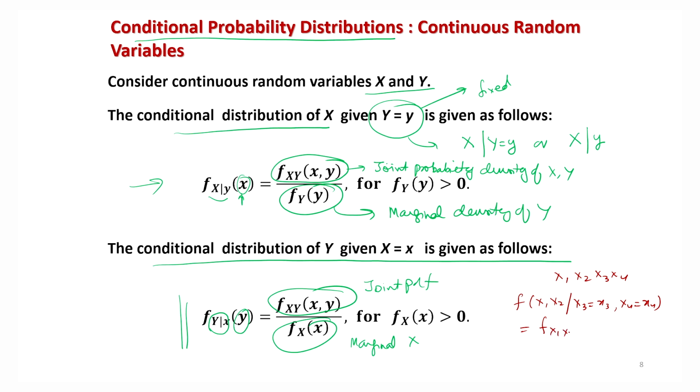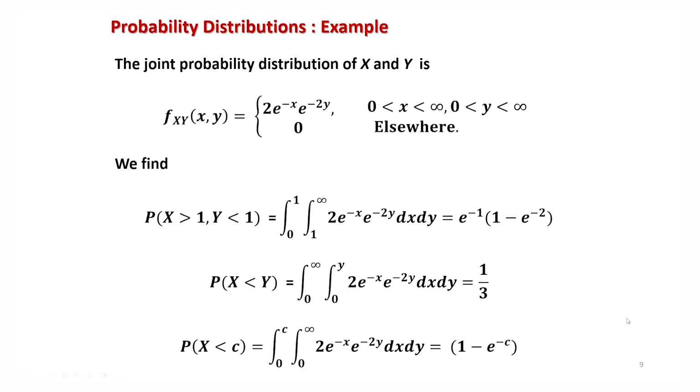In the numerator this will be f of x1, x2, x3, x4, and in the denominator it is going to be f of x3, x4. Right. So now you can see these concepts can be extended to a multivariate setup without any problem.